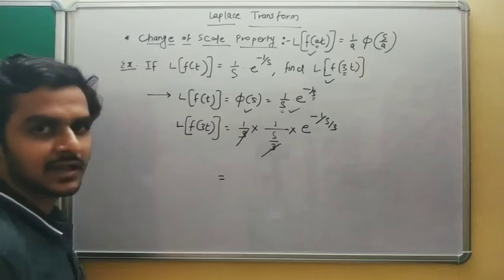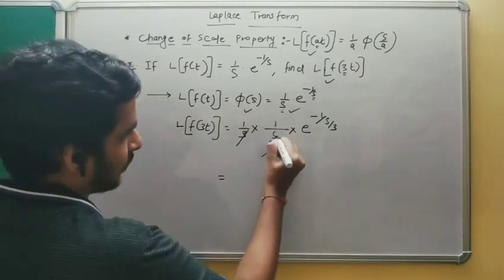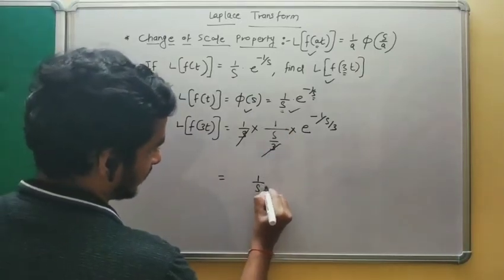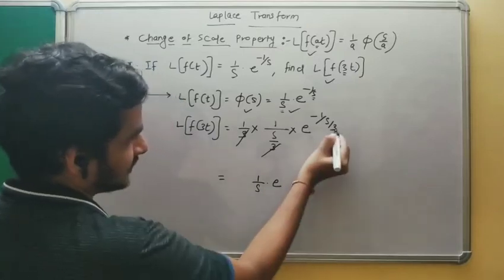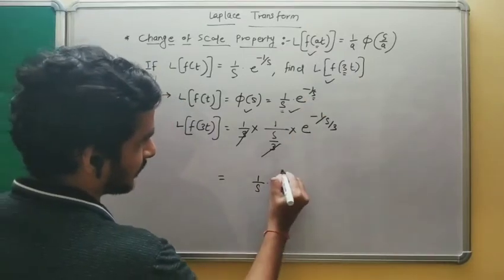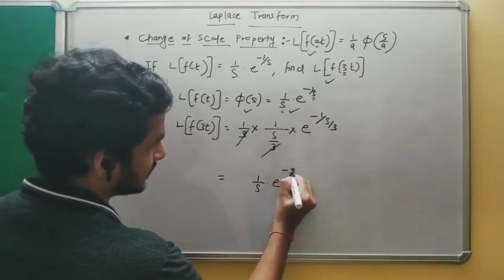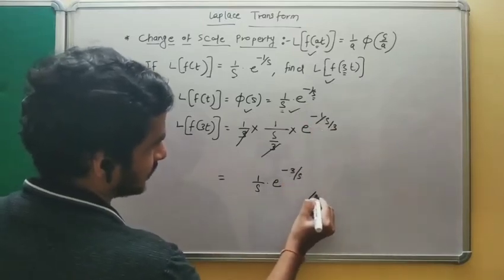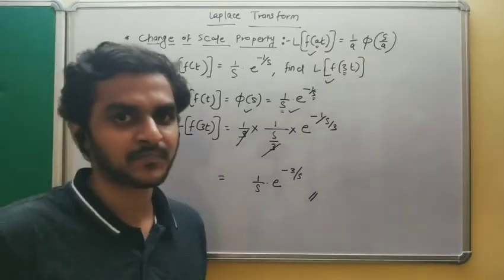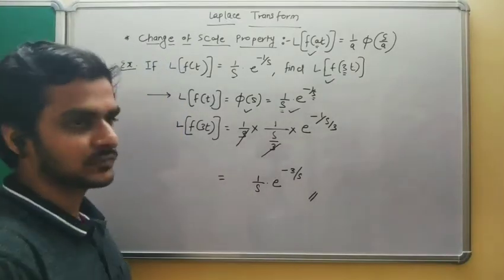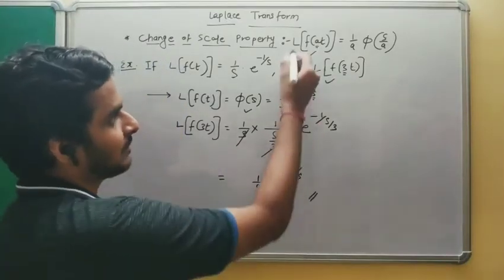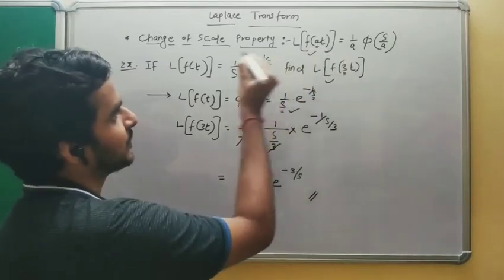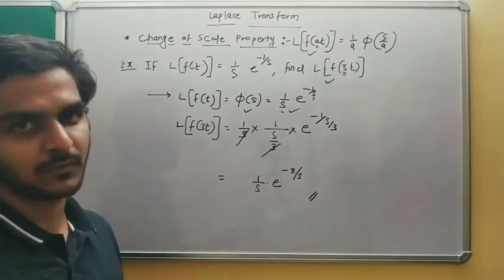So your final answer will be 1 upon s e raised to, this 3 will go to the numerator, so it will become minus 3 upon s. So this is your final answer. So this is the step-by-step procedure to find out Laplace transform of f of at using change of scale property.